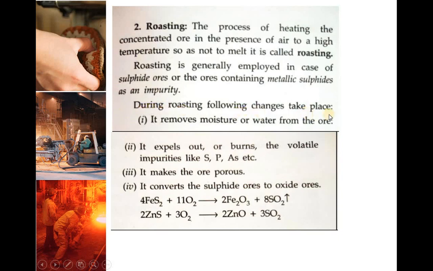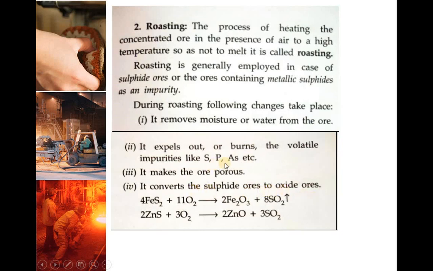During roasting, the following changes take place. It removes moisture or water from the ore, expels out or burns the volatile impurities like sulfur, phosphorus, arsenic, etc. The ore becomes porous and converts sulfide ores to oxide ores.